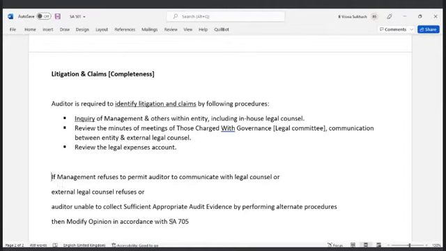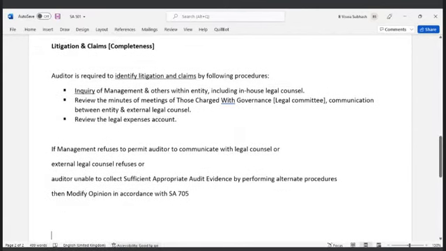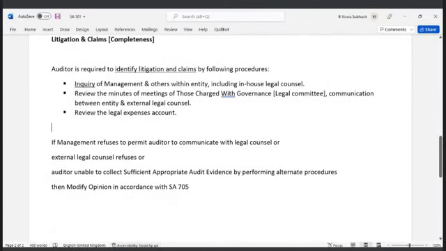That is, either they did not permit me, or the external legal counsel is refusing to talk to me, or we are not able to obtain enough data to give a comment on this. So based on what exactly is the event happening, you need to give a comment or opinion accordingly. Okay. So that is with respect to the litigation and claims.